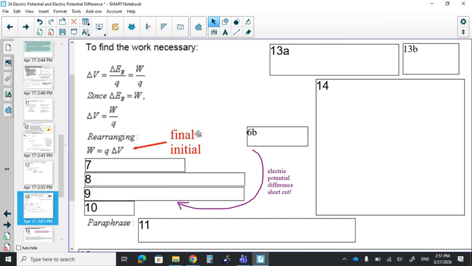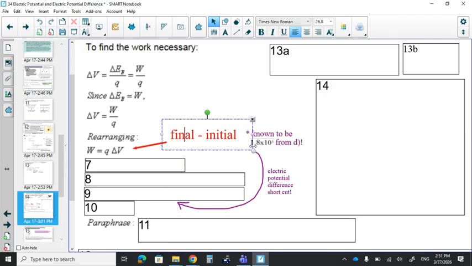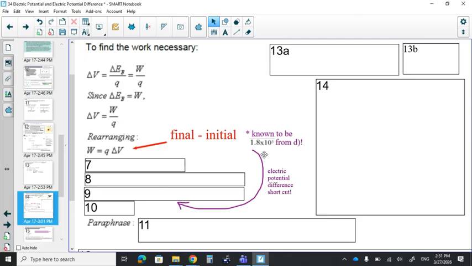And so you have your final minus initial again here. There we go. So I want to point out that amount, based on what we did, is known to be 1.8 times 10 to the 5. So this is why the electric potential difference concept helps, right? You would just be like, boom, just multiply out and you'll get your number.